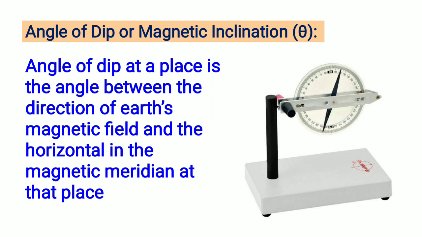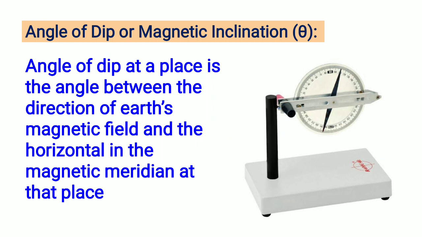I know you didn't understand anything, but just imagine: take a bar magnet and suspend it by a thread. Near the equator, the magnetic field of the earth interacts with the magnetic field of that bar magnet, so the bar magnet always aligns horizontally. Now imagine I am holding this arrangement in my hand and walking toward one of the poles of the earth.